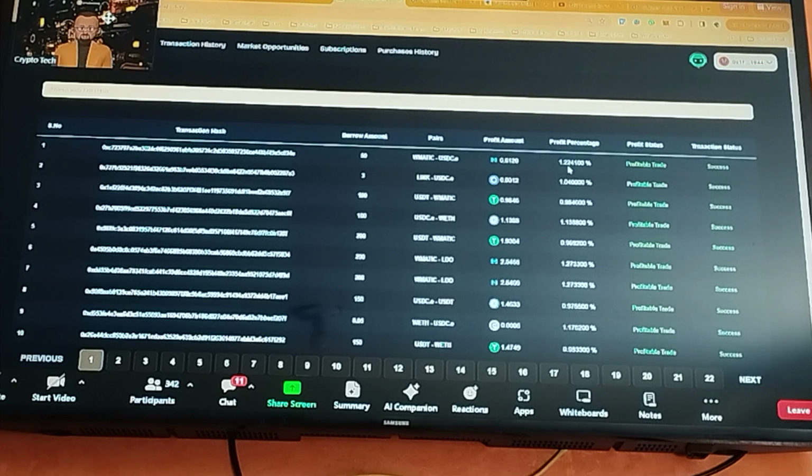I paid back 2.5 cents extra, so 50.025 in Matic. I made a profit of 61 cents in that trade, just $50, and I paid 61 cents back in. So that was 1.22% profit.